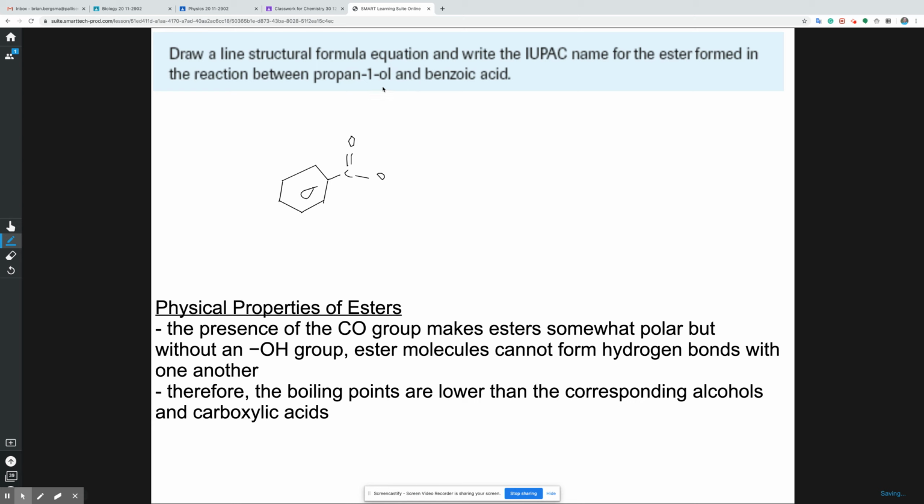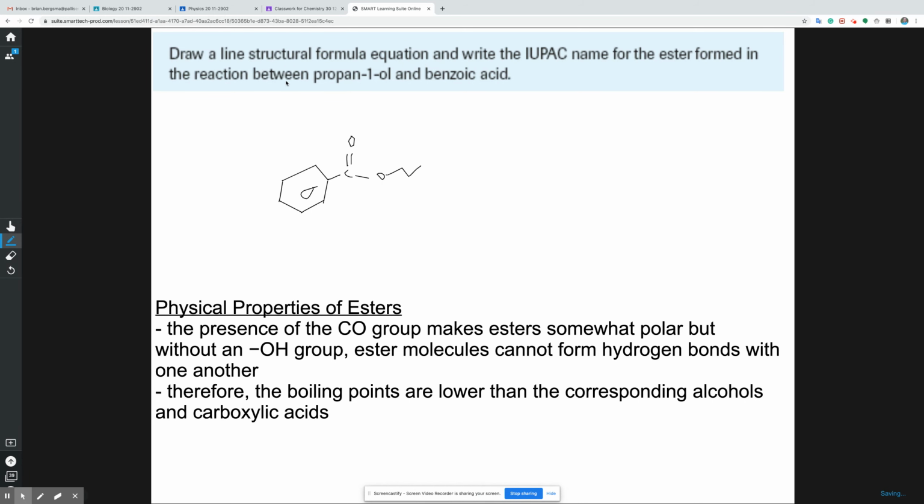Benzenoic acid. Because we're bonding it with this propane, the propane bonds over here, propan-1-ol. Prop is a 3 carbon chain, so we're going to have a 3 carbon chain. We forgot we're going to do a line structure, so there'd be one carbon there, carbon there, carbon there.